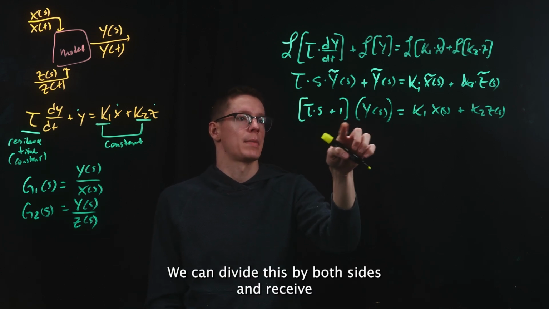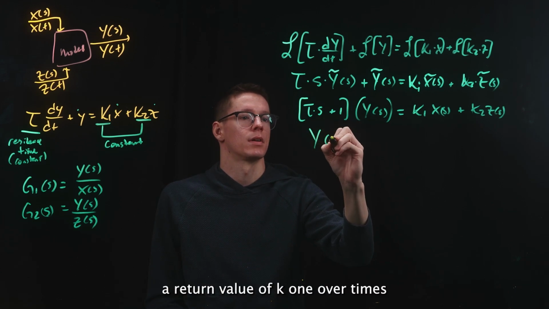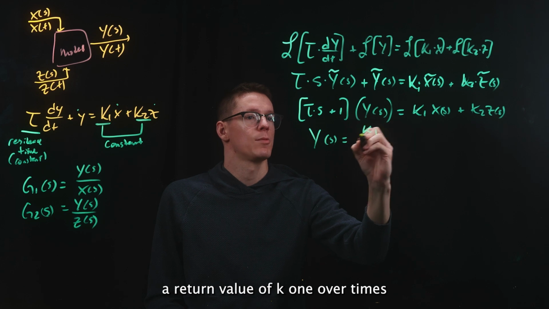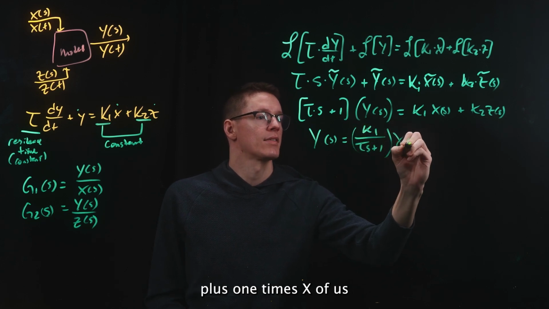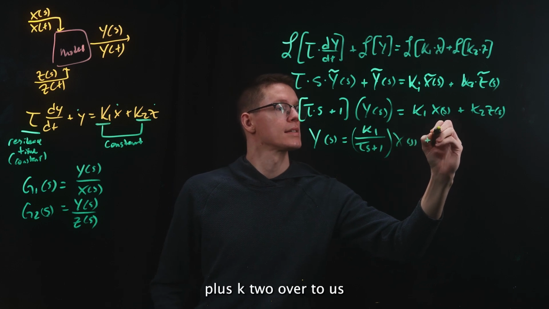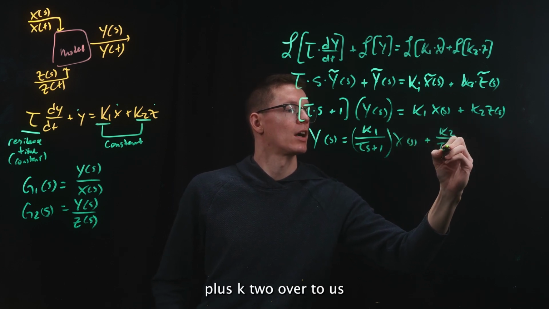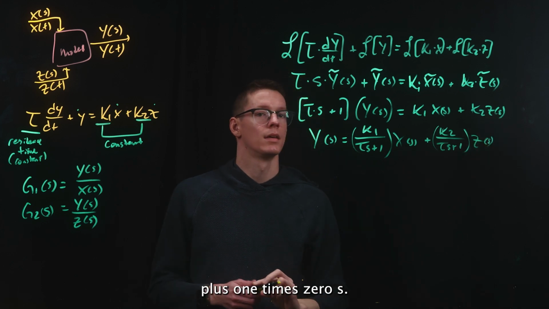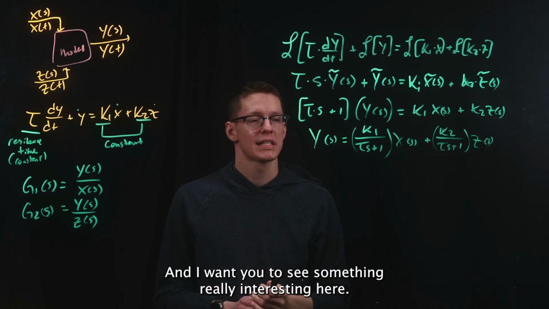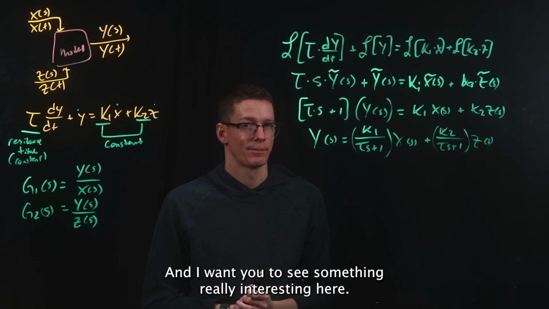We could divide both sides and receive a return value of k1 over tau s plus 1 times X of s plus k2 over tau s plus 1 times Z of s. And I want you to see something really interesting here.